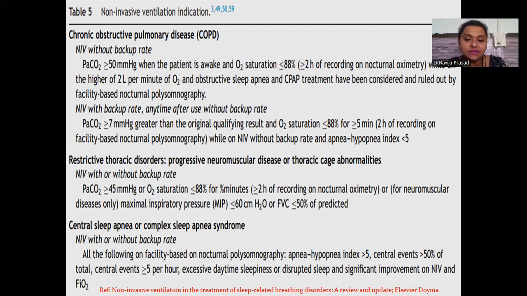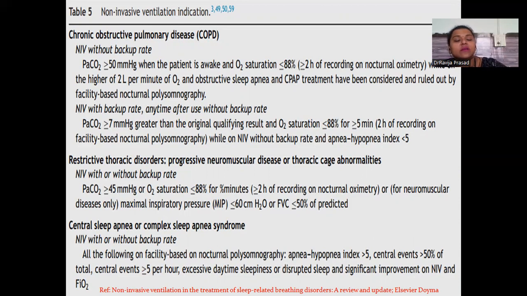You have proper readings of everything: how much PaCO2 is needed, how much oxygen saturation is needed, how much maximum inspiratory pressure is needed. You need to remember all these things when you put a patient on the non-invasive ventilator.